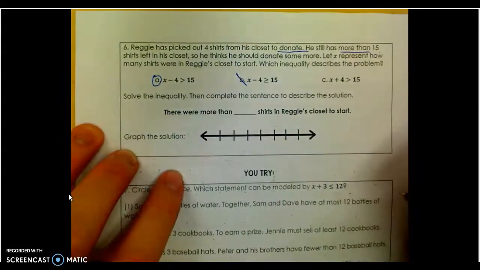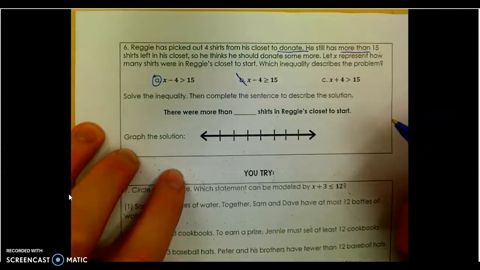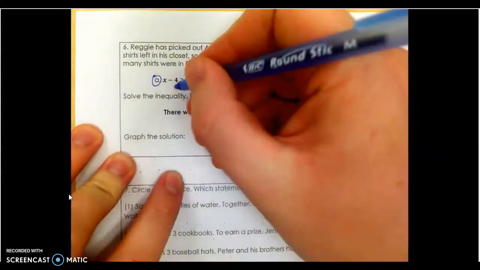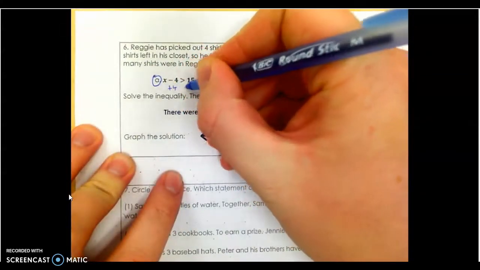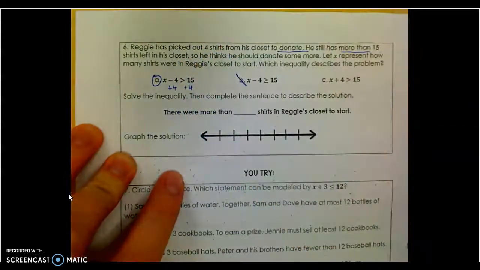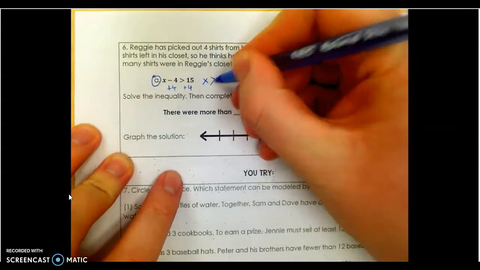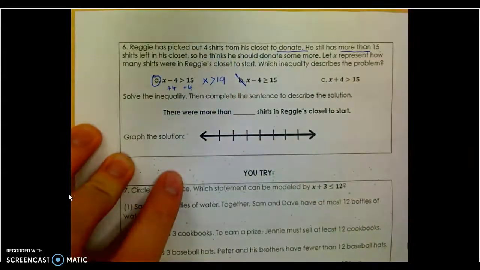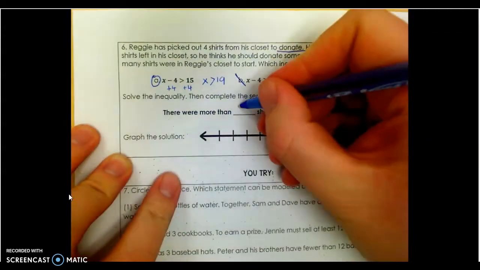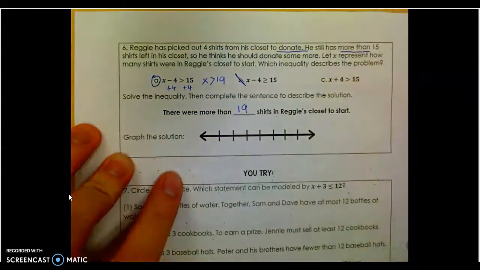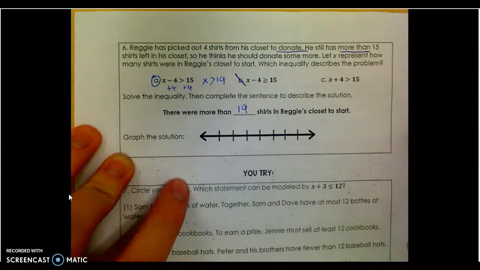Solve the inequality, then complete the sentence and describe the solution. So to solve it, we would add 4 to both sides. And our new inequality would be x is greater than 19. So there were more than 19 shirts in Reggie's closet to start.